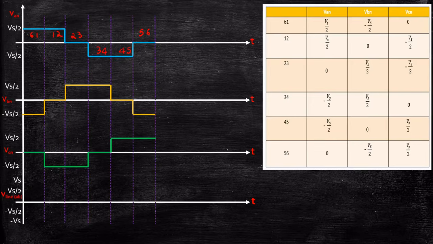VA is Vs by 2, minus of minus Vs by 2 will be equal to Vs. So it will be starting at Vs, and then in this sequence, VAN minus VBN, that is Vs by 2 minus 0, you'll be getting Vs. So you'll be getting this nature. Again in the next cycle it will be like this. So it continues. The difference of VAN and VBN will give you the line voltage. I hope this point is clear.